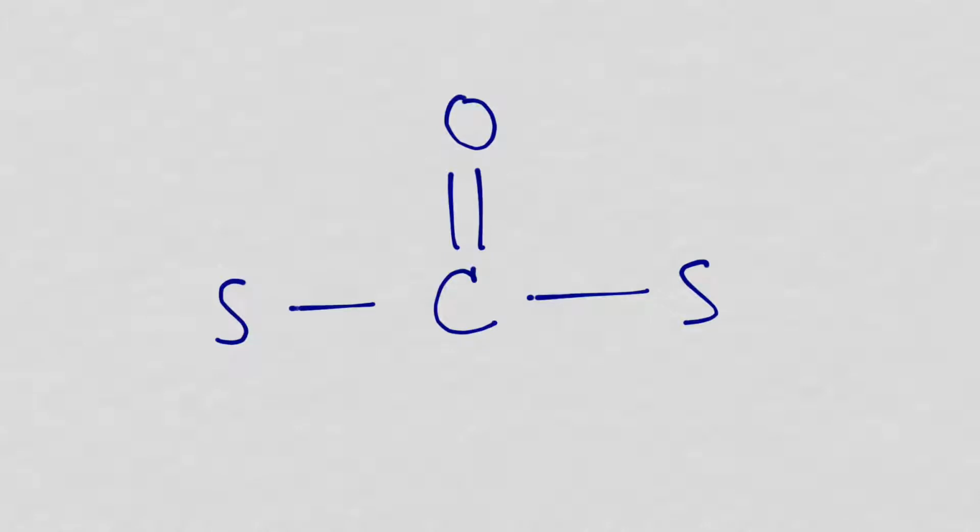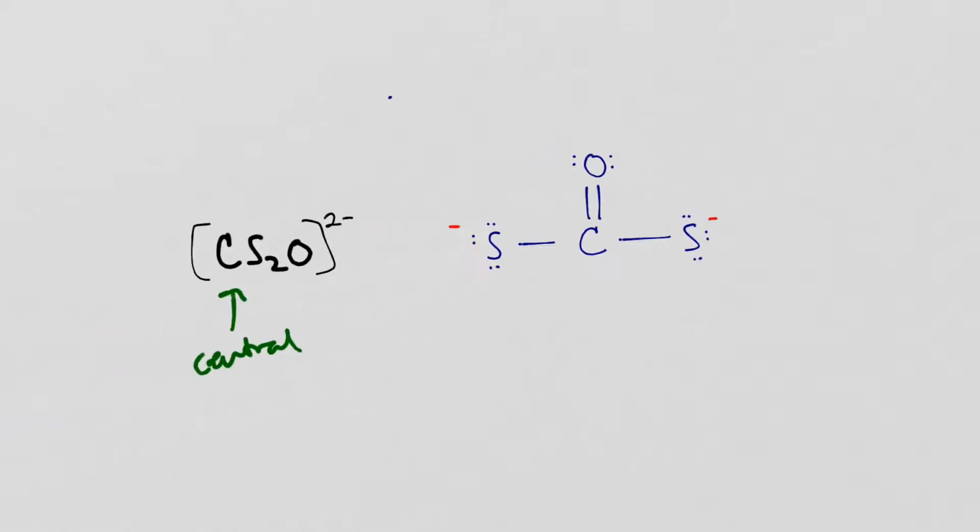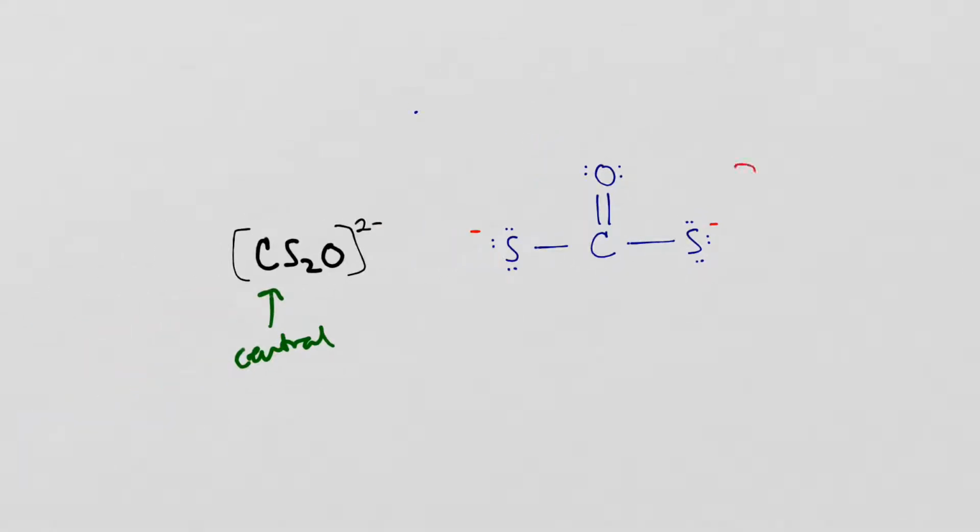So if we have 2-, okay, oxygen, let's just do that first. Done. Okay, the 2- is going to come from the sulfur. Since carbon can't make any more bonds, and we can't have 5 electrons, we have to have 3 lone pairs, right? That gives us a negative formal charge here and a negative formal charge here. Okay. So our total charge is 2-. So we win.